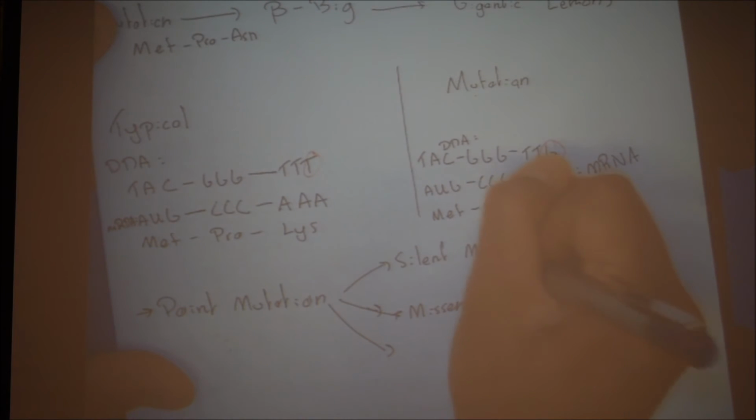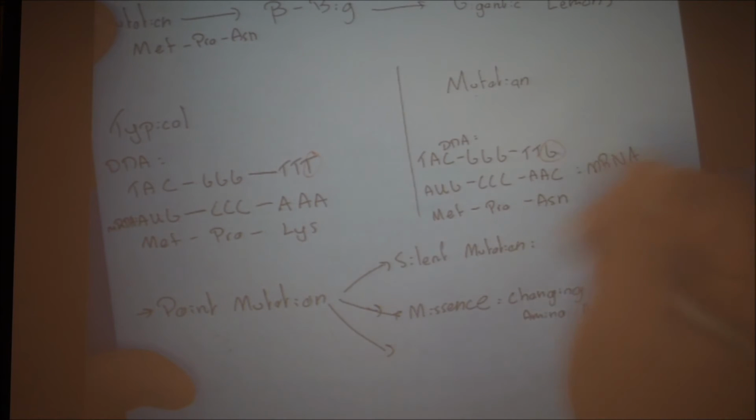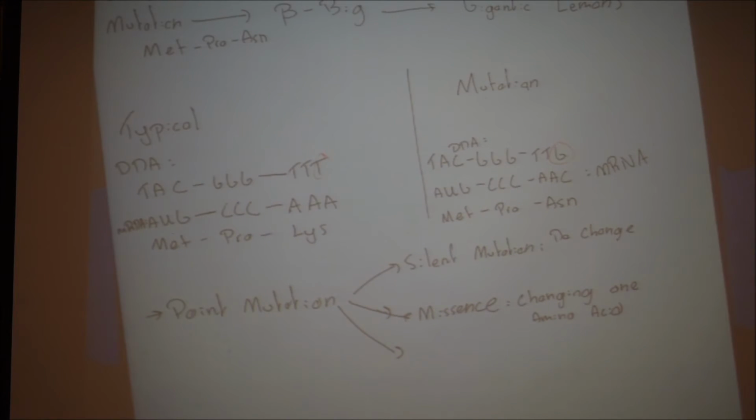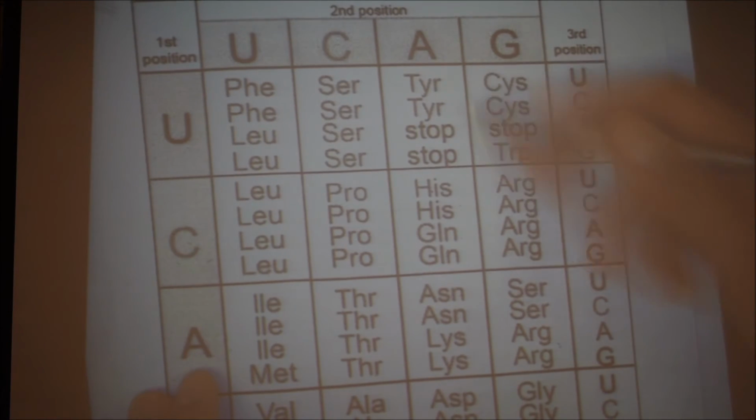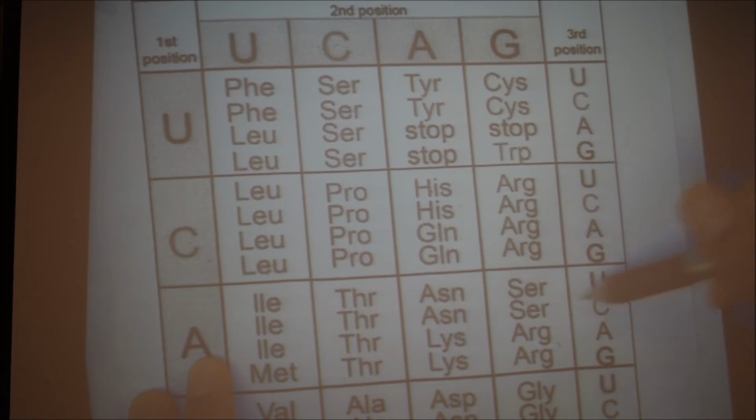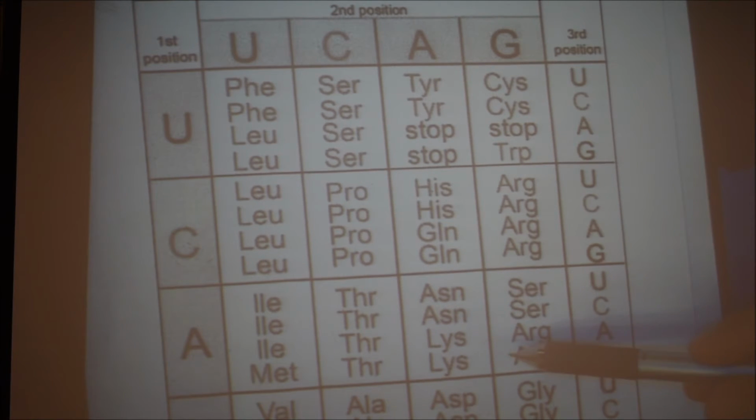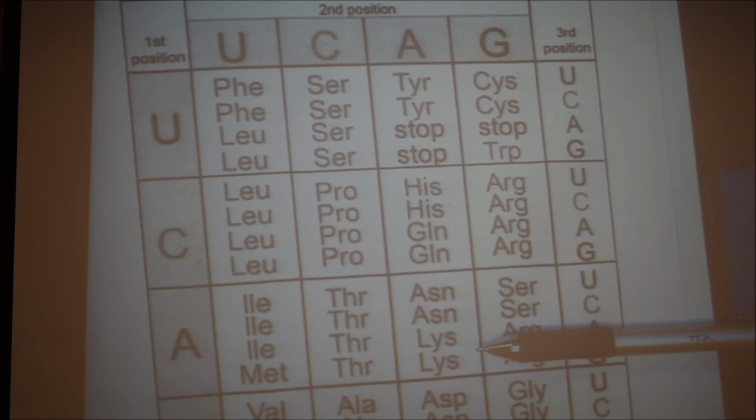You can have a silent mutation, where instead you're getting no change, right? So let's say we went over here, and our mutation, instead of getting us AAC, let's say instead it got us AAG. Now we're still getting lysine, which is good, because that's what we used to have, but there's been a change in our DNA. So we changed the DNA sequence, we have a different codon, but despite the change, we still have the same amino acid.